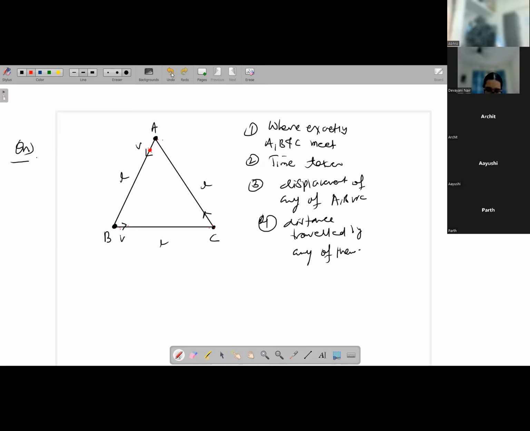So they will not travel on the sides of the equilateral triangle. After some time, B will come over here, C will come over here, and A will come over here. Did you understand? Because when A will move, C will move in the direction towards A only.